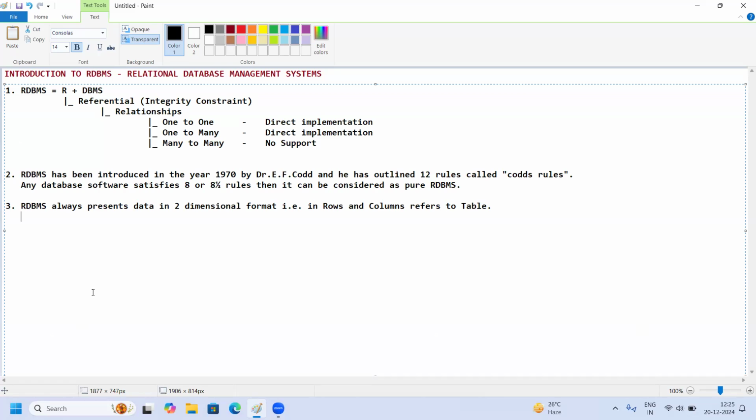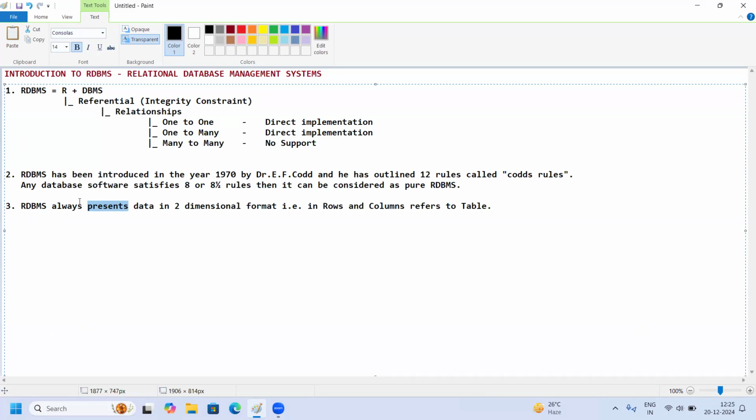In this third point, I use the word presents. How do you present your data in RDBMS? I said, table format, two-dimensional format.